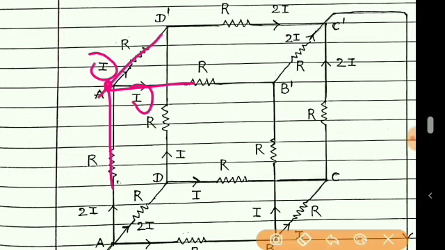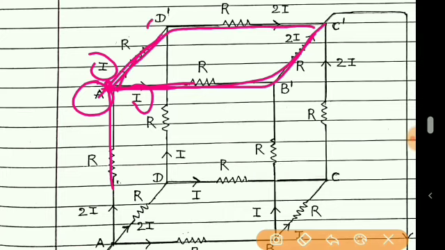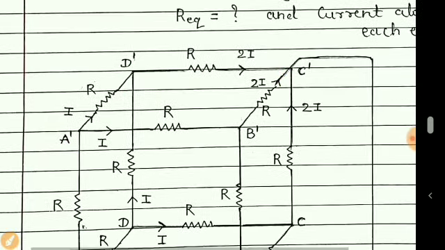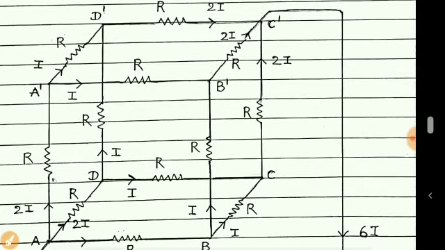Because if you move from A to C, you can see this path, and from A to C along this D dash, you can see there is a similarity. The symmetry is equal. A similar type of symmetry is seen, and that's why the current division is equal. And so we get this type of division of currents.